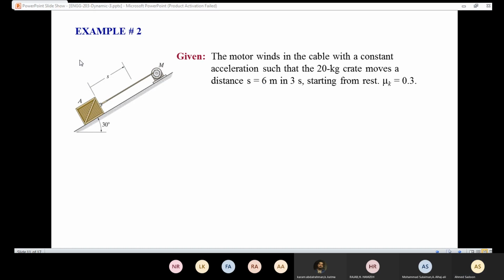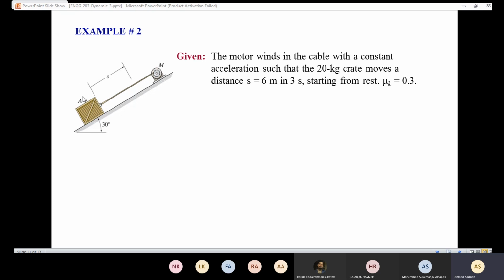Example 2. In example 2, we have a motor that is going to wind a cable. So it's going to drag that cable here. As a result, that box is going to move. And they are going to drag that box with constant acceleration. So the acceleration is going to be constant.